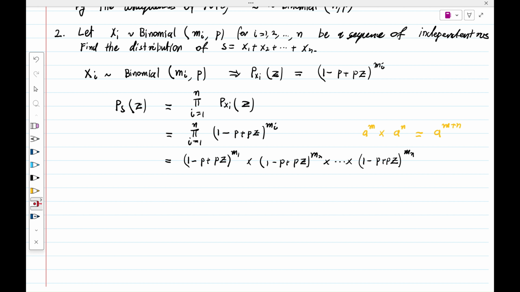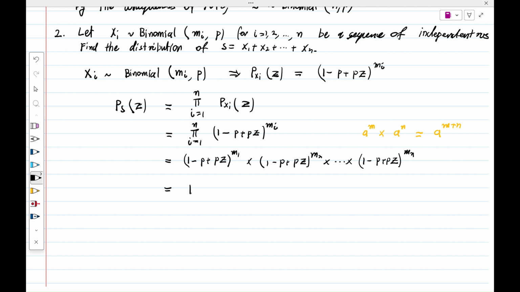Now, the reason I brought up this yellow text over here is because you'll notice we have something similar happening here. We have a base to some power, a base to some power, a base to some power. All of the bases present here are the same. All of the powers aren't necessarily the same, but we know we add the powers all together from this expression in yellow above.